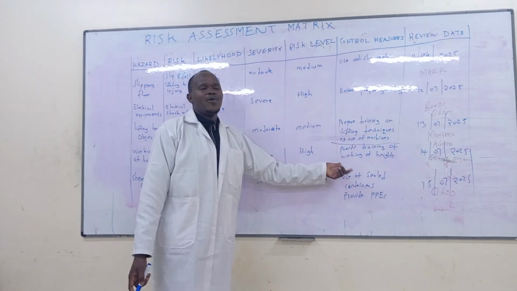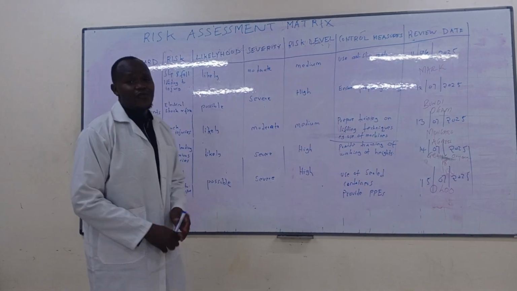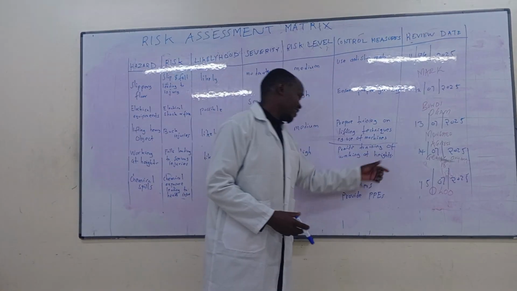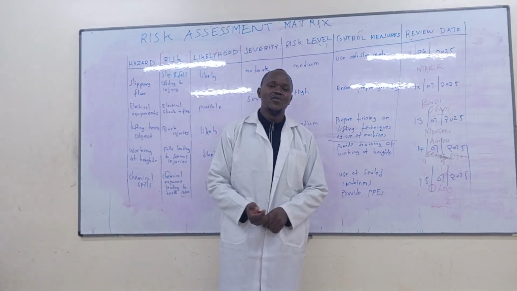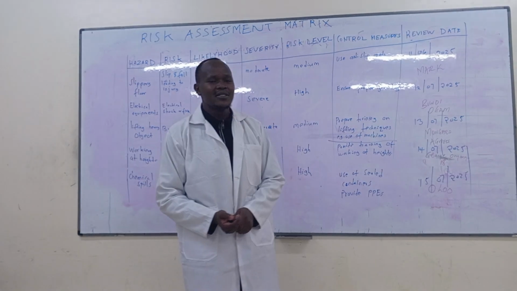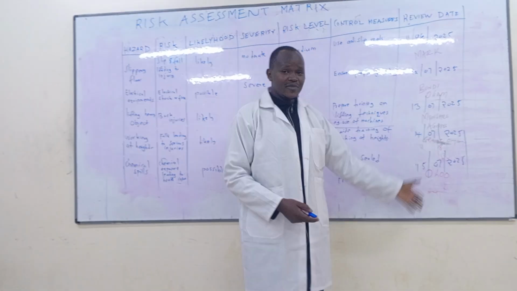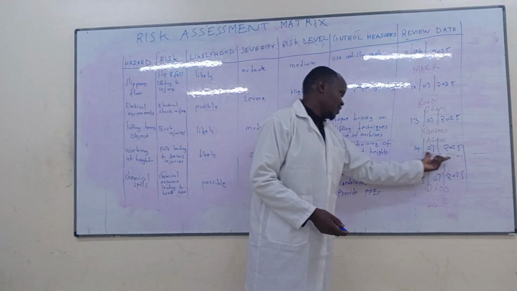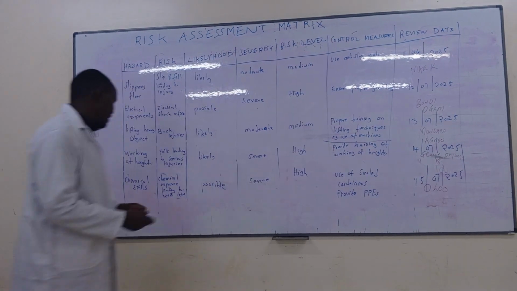Then how are you going to prevent the likelihood of falling when working at greater heights? That is by providing training on working at greater heights, using safety belts and harness belts when working at those heights. Then here I'm just concluding. Here I have a review date, that is 14th July 2025.